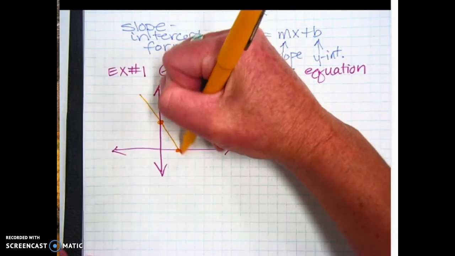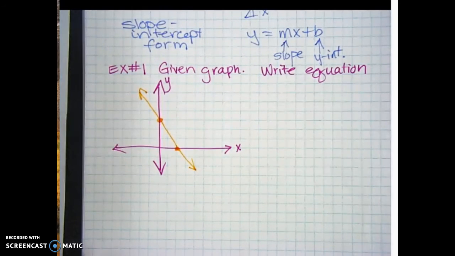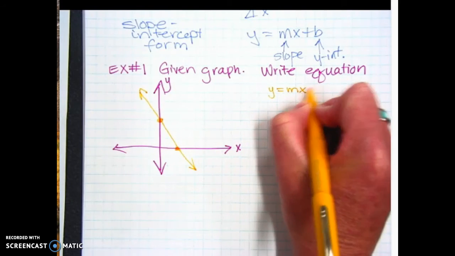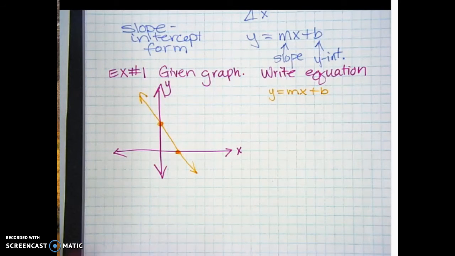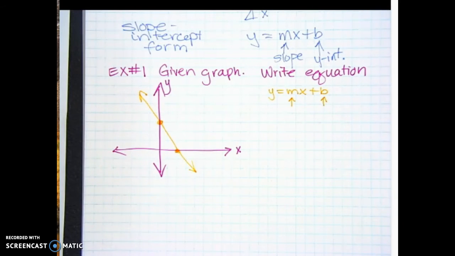That's going to be the line right there. We're going to first put it into y equals mx plus b form, using the information from the graph. So we need 2 things. We need the slope and we need the y-intercept.